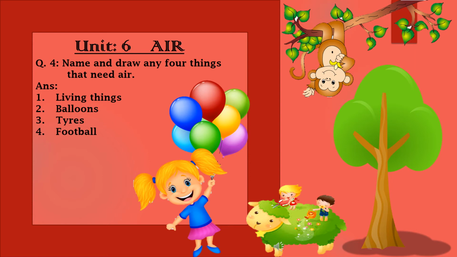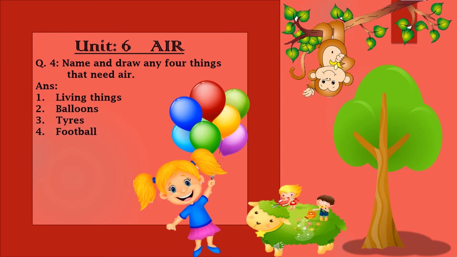Yes, living things or living beings. Human beings, plants and animals are included in living beings. All the human beings, all the plants and all the animals are living beings, and living beings need air to breathe in.